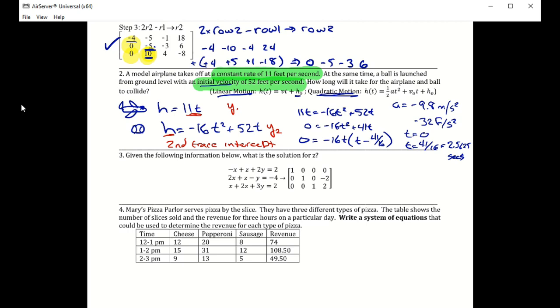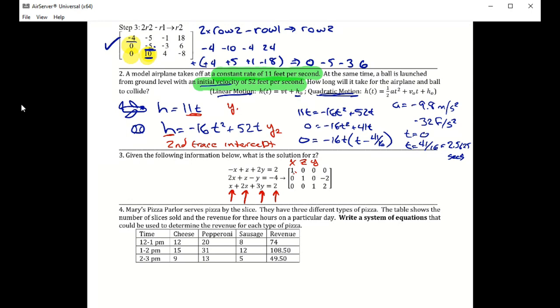Following the information below, what is the solution for z? So let's look at what we have going on. We're not quite in normal standard form, but we have all of our variables in columns and then our constant on the other side. So we're going to go ahead and leave it as is. So we have this x, z, y configuration.